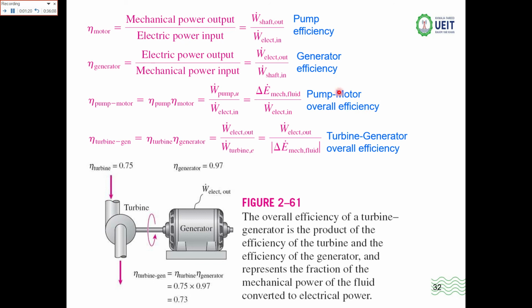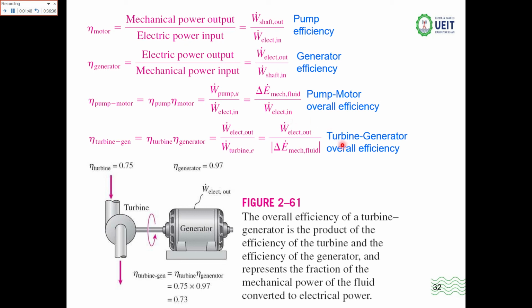That is the change in the fluid energy. The fluid has been lifted from the motor position to the tank position. So in the numerator you will have delta E mechanical fluid, divided by the input, because your motor is consuming electrical energy, or electricity, to provide the power. So here the net input is W electric.